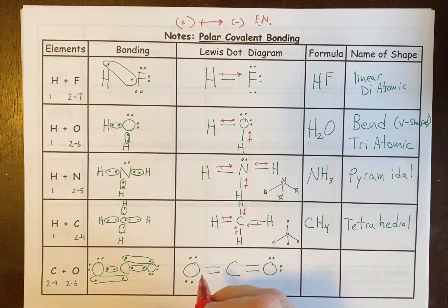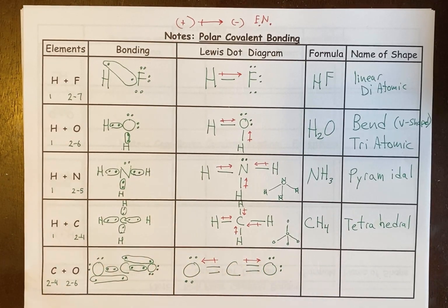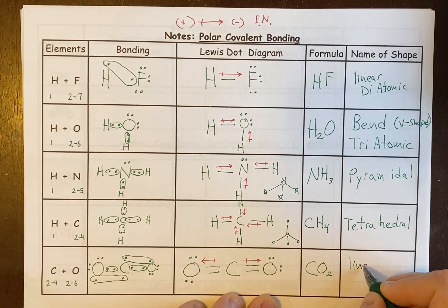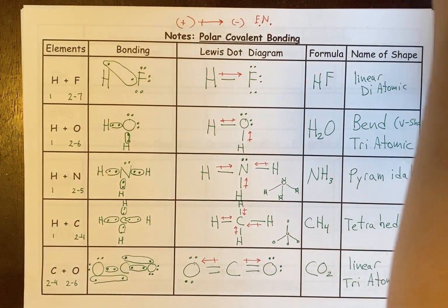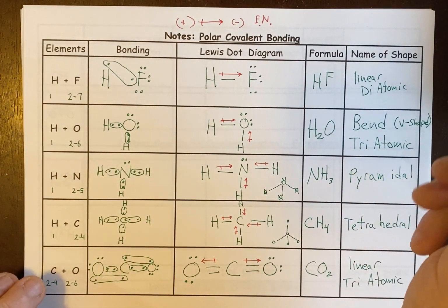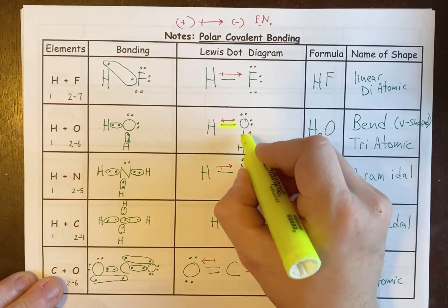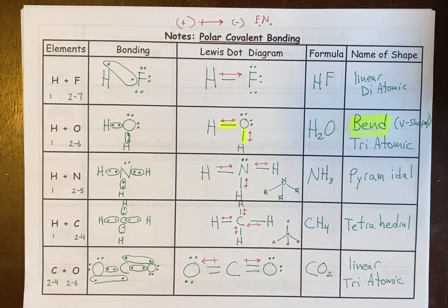All right, and the polarity arrows actually point towards oxygen because oxygen is more electronegative. And now the name of this shape, this is CO2, and it is linear triatomic. And what I want you to notice is if you have single bonds, you get a bend.